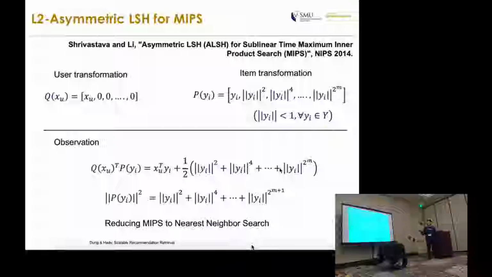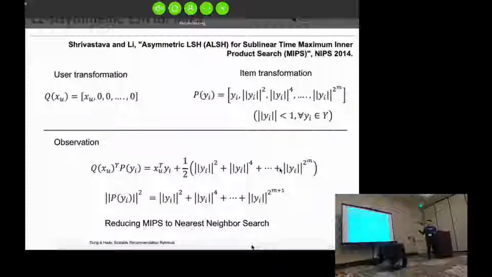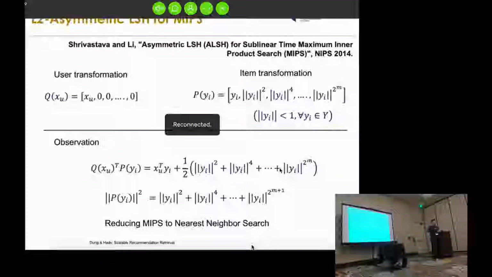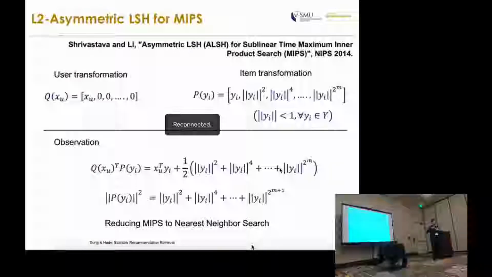Asymmetric means that for the query vector you apply one transformation, and for the data vectors or item vectors you apply a different transformation. Specifically, for the user vector or query vector, you just add more zeros towards the end of the vector, and for the item vectors you add more powers of the norm of the item vector. The assumption is that all the item vectors have a norm less than 1. This can be achieved by scaling the item vectors with the max norm of all the possible item vectors.